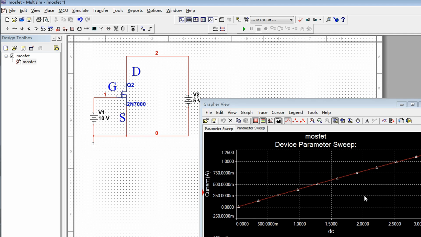But when UDS is 2 volts, the output is about 800 milliamperes at this time. It is verified that with the change of UGS, the resistance between D and S is changing. Now I don't need you to tell me how much the resistance changes. I only need you to tell me that with the increase of UGS, the resistance between D and S is increased or reduced.